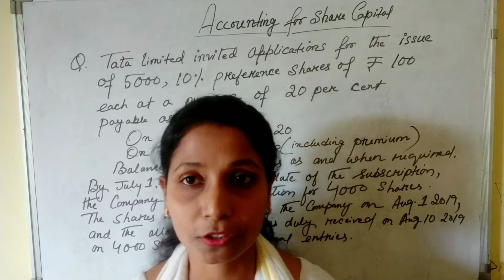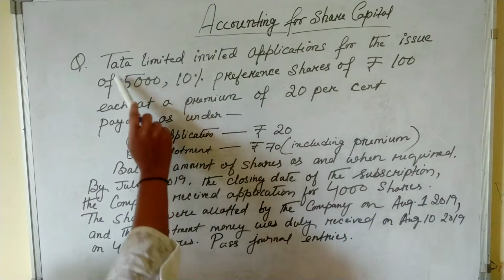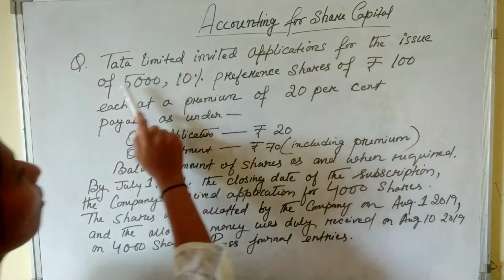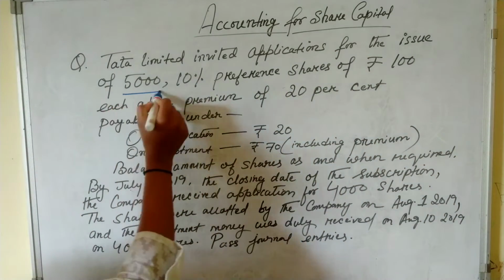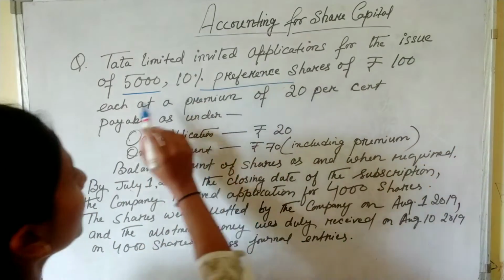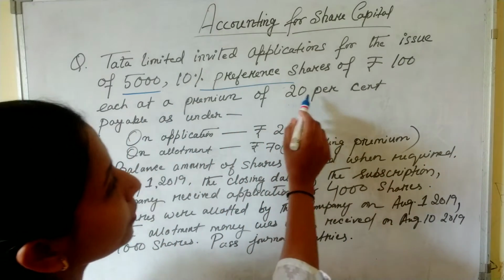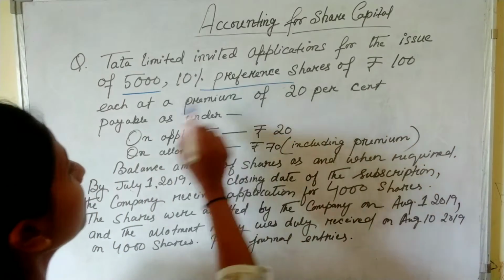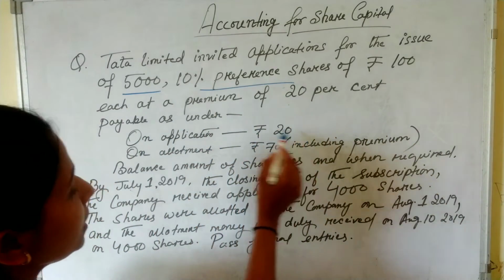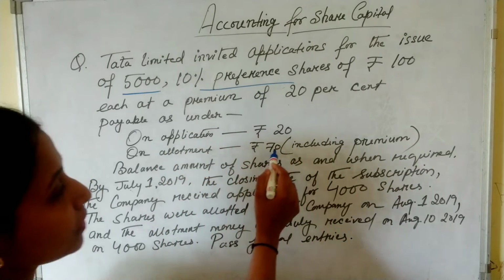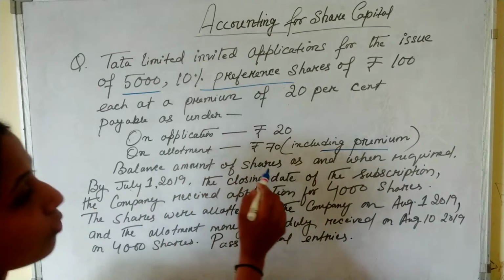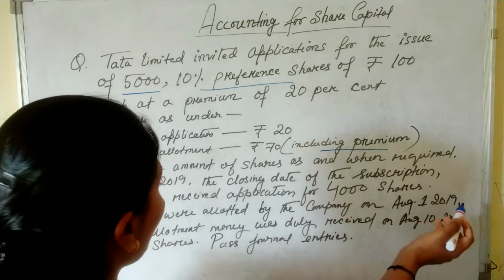Let's see the question. Tata Limited invited applications for the issue of 5,000 10% preference shares of rupees 100 each at a premium of 20%, payable as under: on application rupees 20, on allotment rupees 70 including premium, balance amount of shares as and when required.